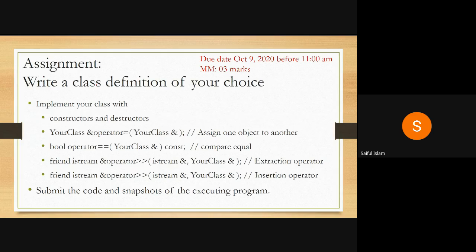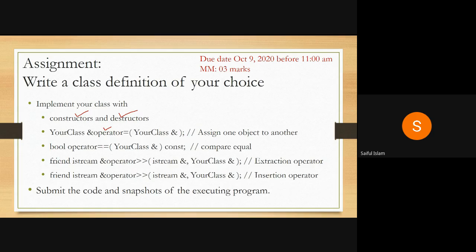What you have to do is write a class of your own choice. Write anything that you want, but within your class you have to define constructors and destructors. Try to design such a class that you need at least two constructors and a destructor. Then within your class, define an assignment operator so that you can assign one object to another.